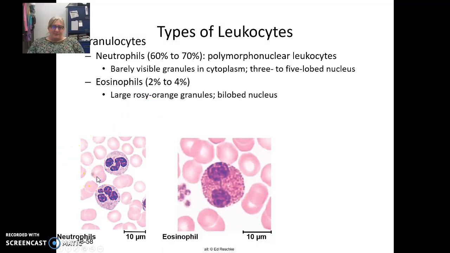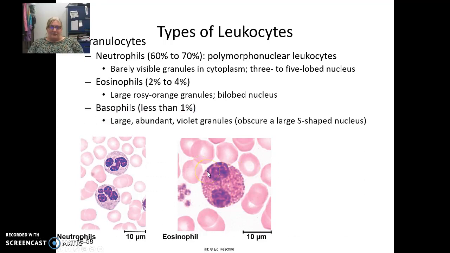Eosinophils, boom, very large, but they make up a very small proportion of all of our white blood cells. They have larger granules, and they have a bilobed nucleus. So it almost looks like a nucleus with a little tiny extension attached to another nucleus. But it's one nucleus that has an extension attaching it.